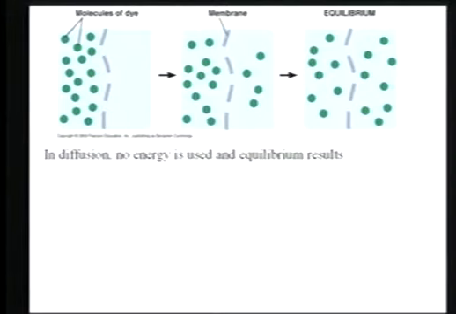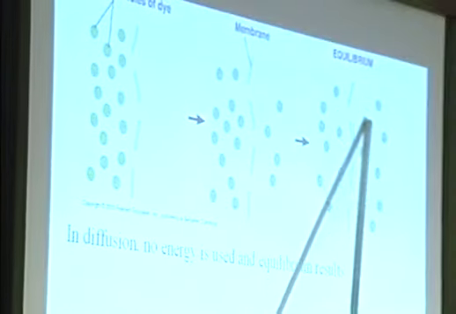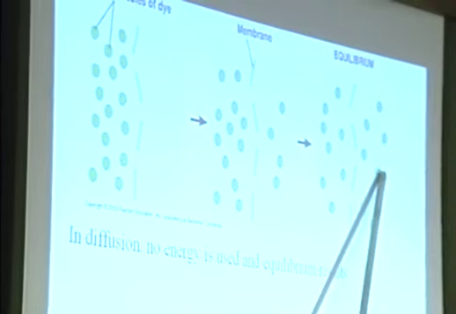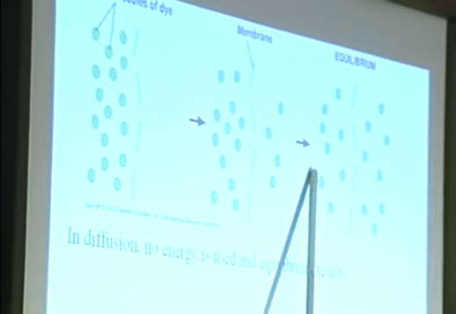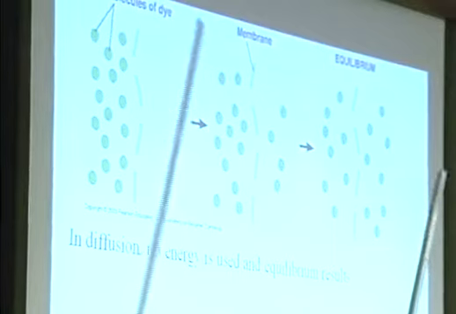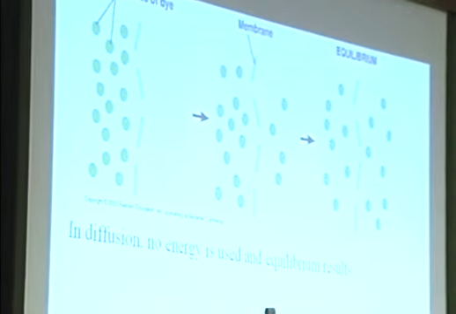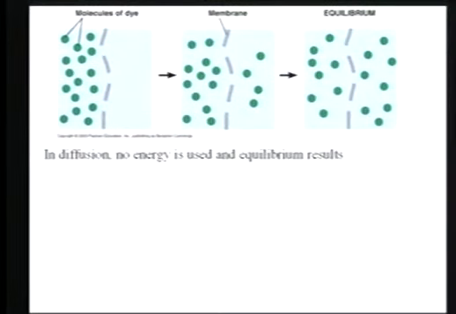At that point, it's not like they stop. They're still moving across. You're still getting movement of molecules from left to right across the membrane, but you're getting an equal amount from right to left. So there's no net change in the concentration.